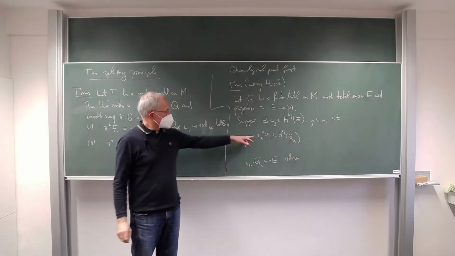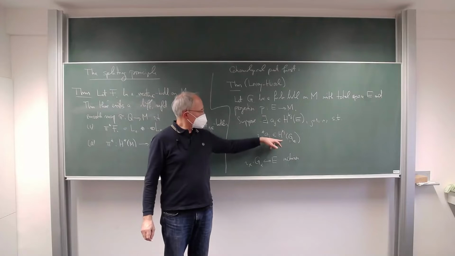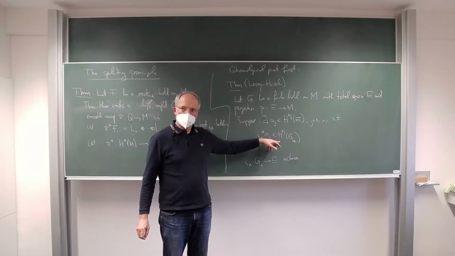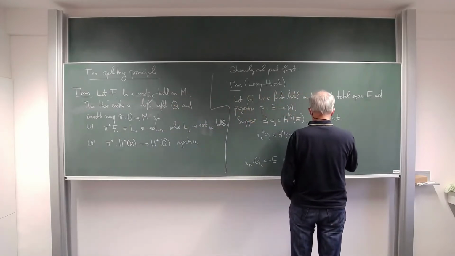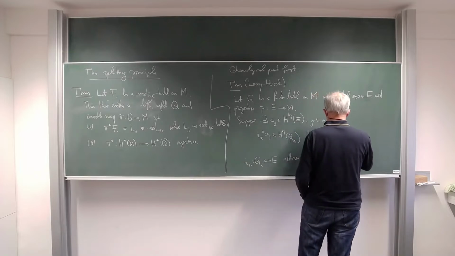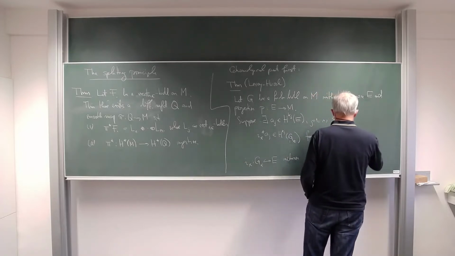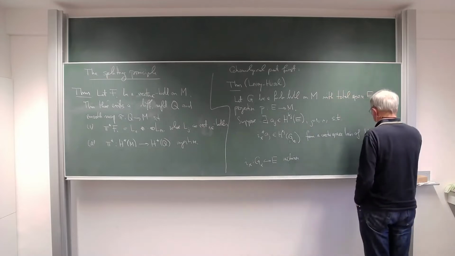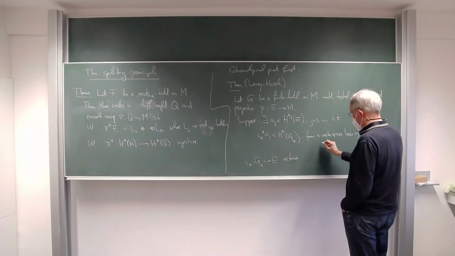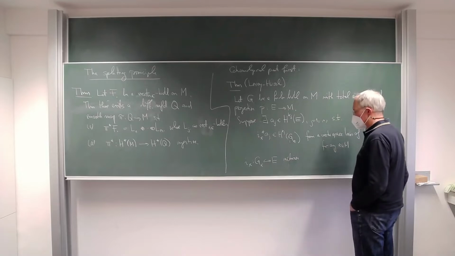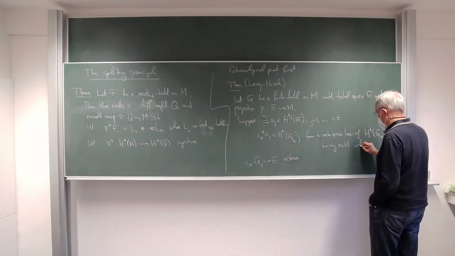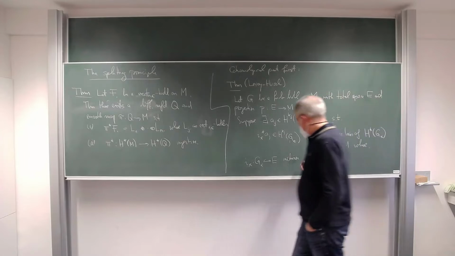And I assume that these restrictions to the fiber give me a basis of the cohomology of the fiber. So these form a vector space basis of the cohomology of the fiber for x. So this is the inclusion. So that's the assumption.